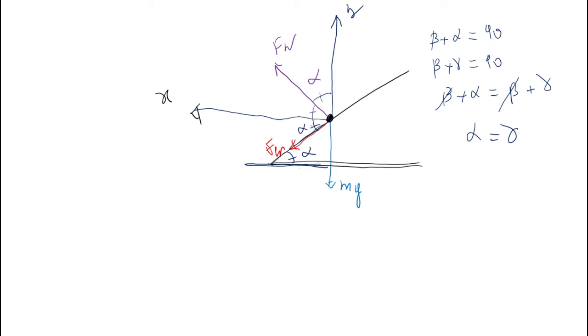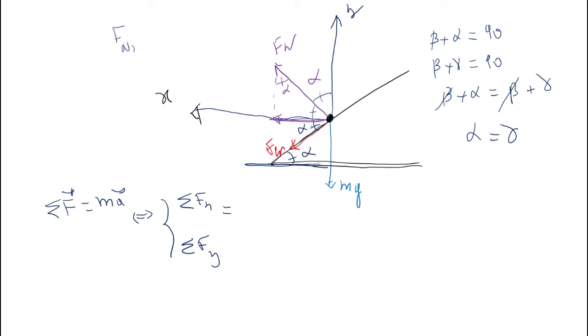So what do we have? For applying Newton's law, sigma F equals the mass times acceleration, for the net force on the x-axis and the net force on the y-axis. The projection of the normal force on the x-axis, Fnx, will be Fn, the hypotenuse, times sine of alpha.